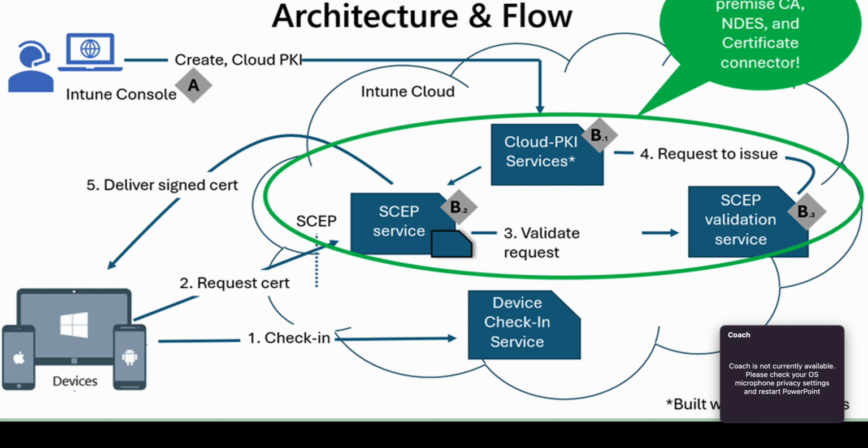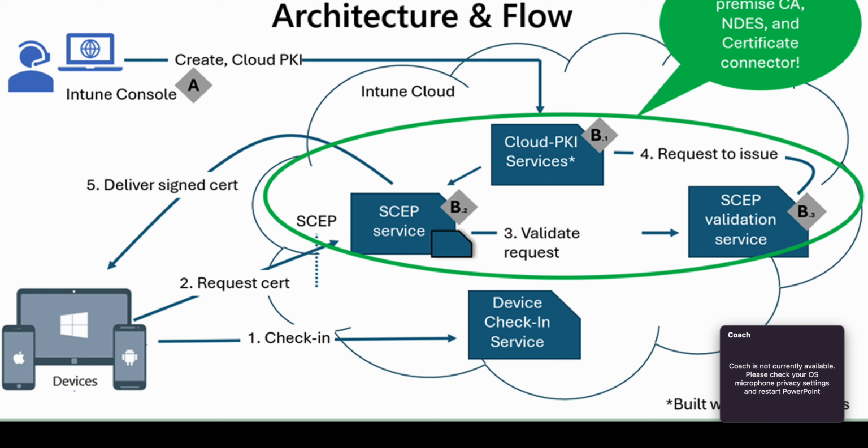I've already made a video on the components required for building the on-premise setup. So if you're moving from on-premise to Cloud PKI, these three components, your on-premise CA server, SCEP server, and the certificate connector, you see B1, B2, B3, will be replaced by your cloud route.